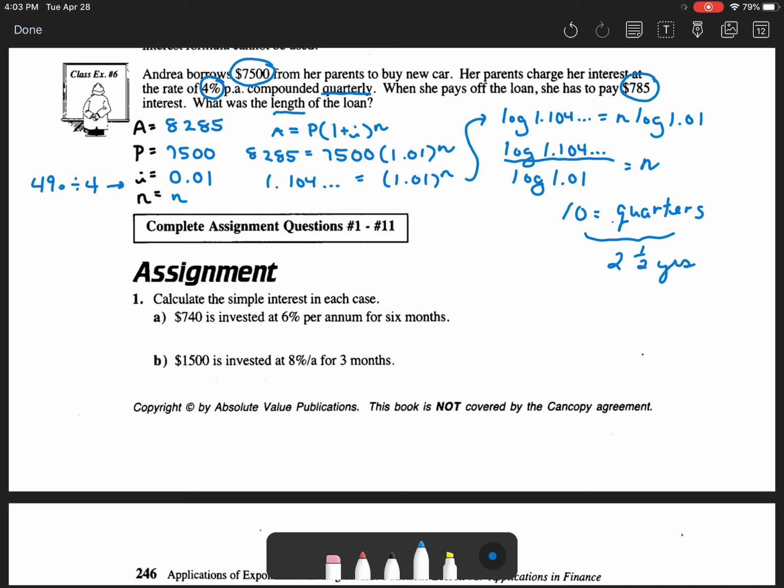So if I have 10 quarters, that is the same as 2.5 years. Because if you think about it, 4 quarters make up 1 year, another 4 quarters make up another year, and then I'm left with 2 quarters, which is a half. So 2.5 years is the length of the loan, how long it takes her to pay it off.